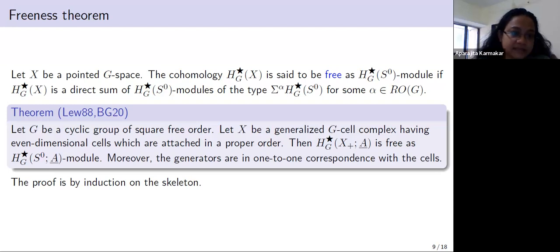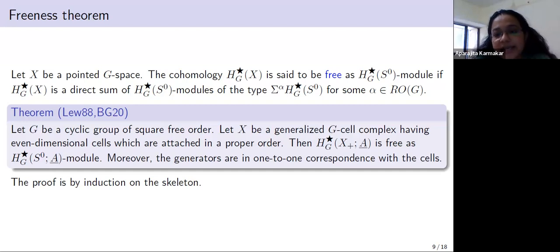The theorem says, let G be a cyclic group of square free order and X be a generalized G cell complex having even dimensional cells which are attached in proper order. This proper order is quite important in all the calculations. Unless we achieve the proper order, we won't be able to get a freeness theorem. This proper order ensures that the connecting map while calculating the cohomologies becomes 0.